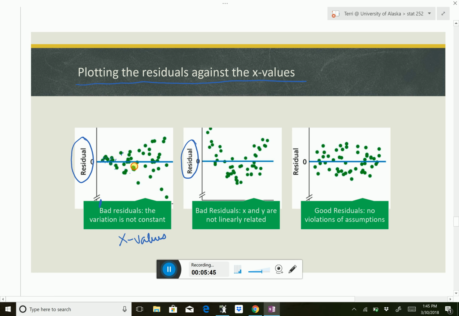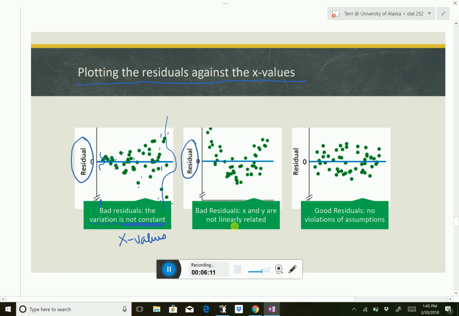But as x got larger, my residuals got bigger. That tells me my normal distribution here is really tiny, but my normal distribution here is really big. But wait a minute, they're supposed to be the same size. So that's not okay. The variation is not constant. This is bad.